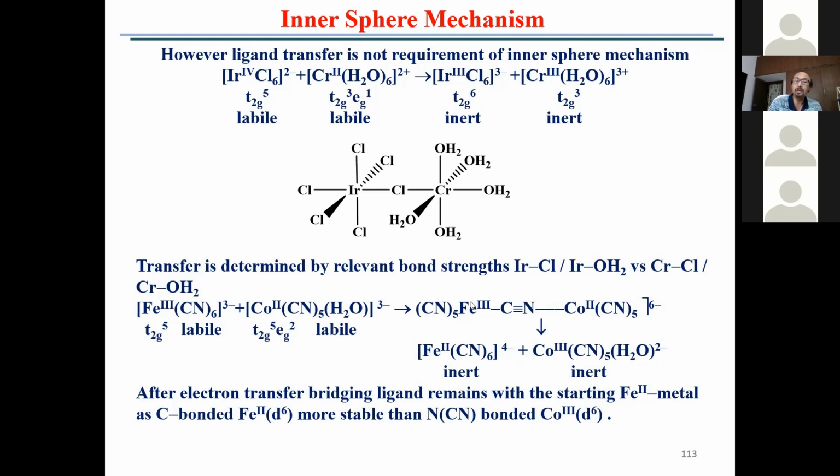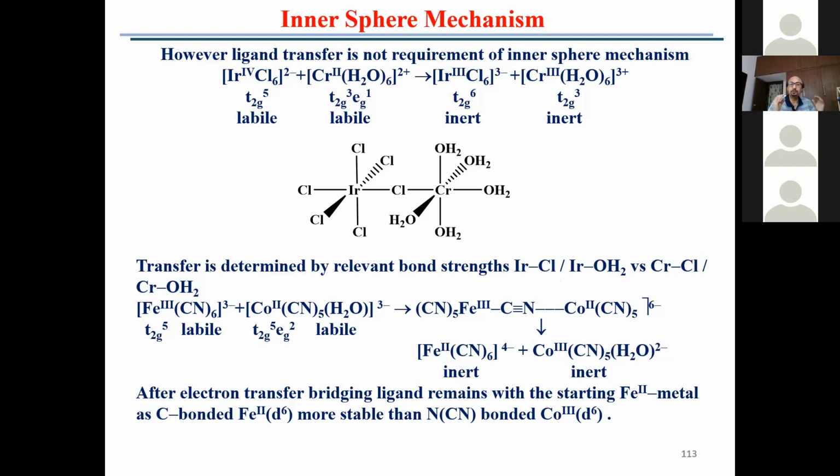We have one more argument why it preferred this way, because if it goes over here, then it will remain linked to the iron side through the carbon. But if it needs to attach to the cobalt side, then the bonding is through the nitrogen, which is not a very stable situation. I hope you understood it.